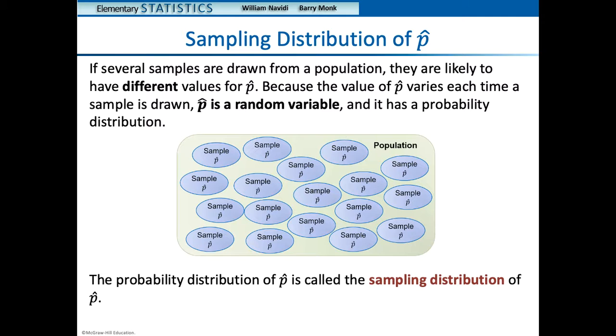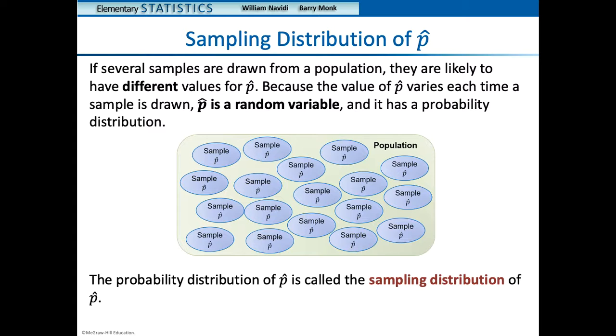So, let's say we have a large population, and in this diagram, the rectangle represents the population. From a large population, as we mentioned in the previous section, you could collect a simple random sample, but because the sample size is quite small compared to the population, you could collect several different samples. In fact, you should be able to collect a lot of samples from within one large population. The samples will not all be the same, right?